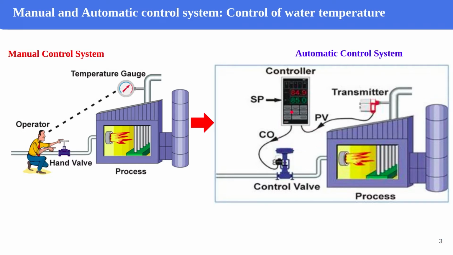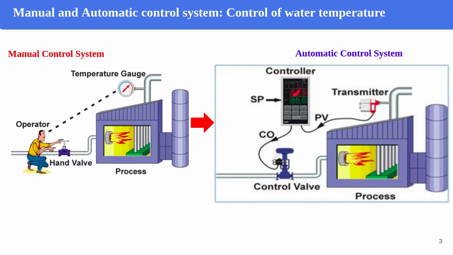So to make this system automatic, here we need some things. We need to install an electronic temperature measurement device like a transmitter. We need to automate the valve by adding an actuator so it can be driven electrically without human interaction.